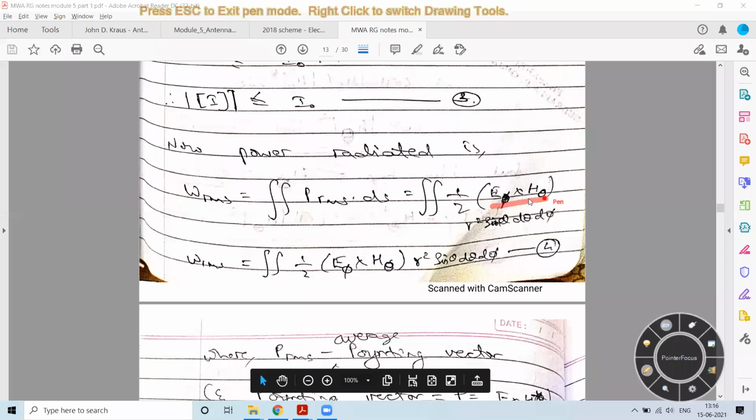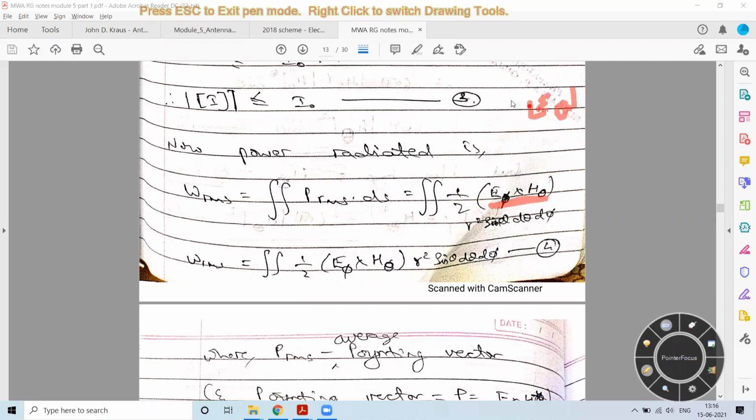When we simplify the cross product, we have magnitude of E theta, magnitude of H phi complex conjugate into sine theta, and a normal vector which is normal to the direction of E theta and H phi. We represent this in H phi form. Here, E theta divided by H phi is equal to 120 pi.